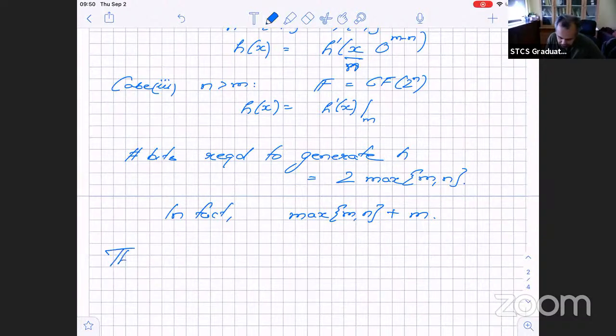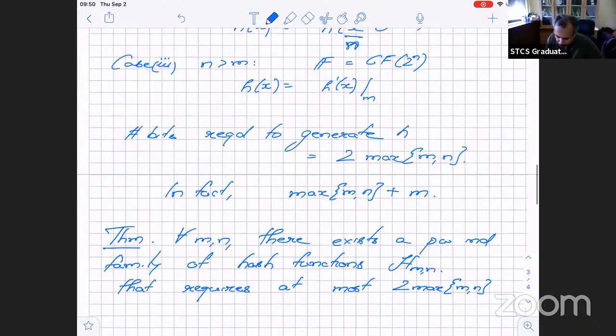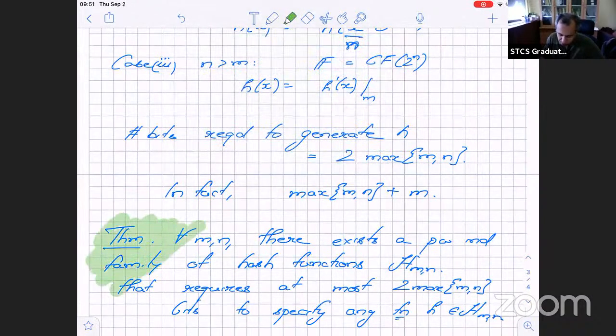So in particular, I'm just going to abstract out all of this, stating that for all m, n, there exists a pairwise independent family of hash functions, which we'll call H_{m,n}, that requires at most 2 max(m,n) bits to specify any function h in H. And furthermore, strictly speaking, I had to say this function can be explicitly computed, which is true.